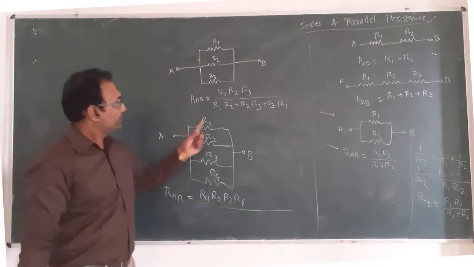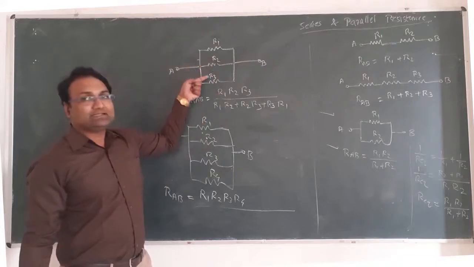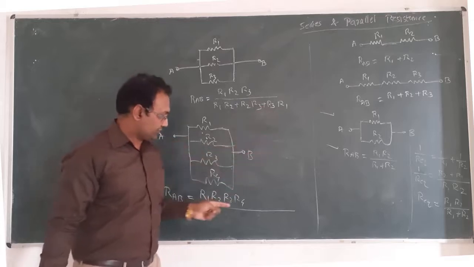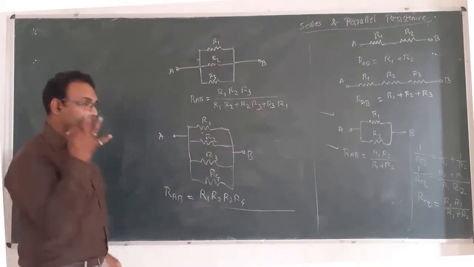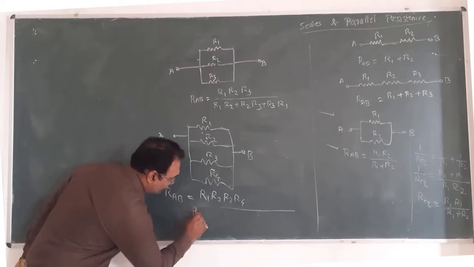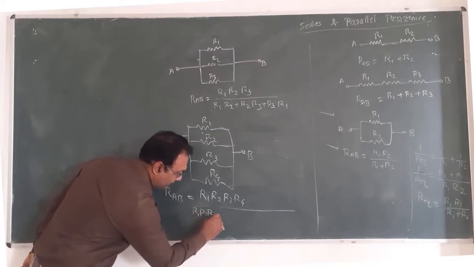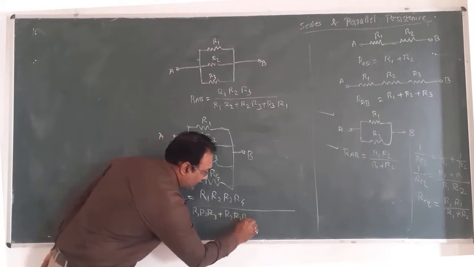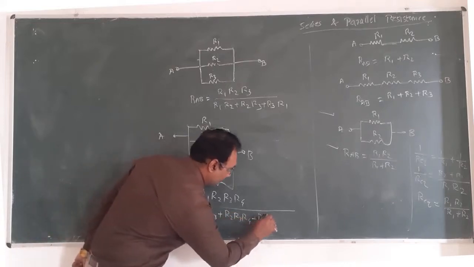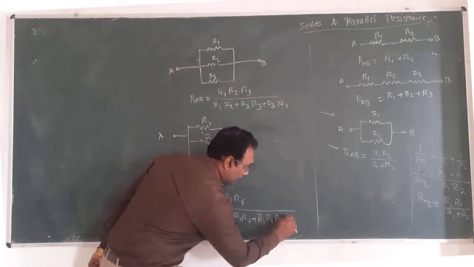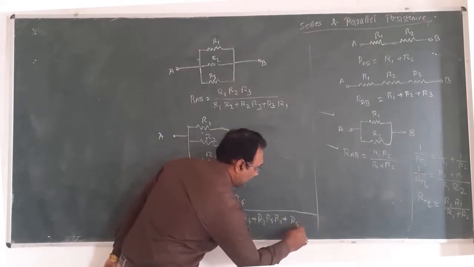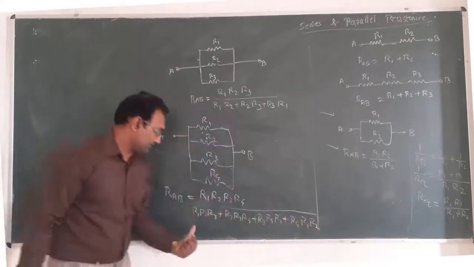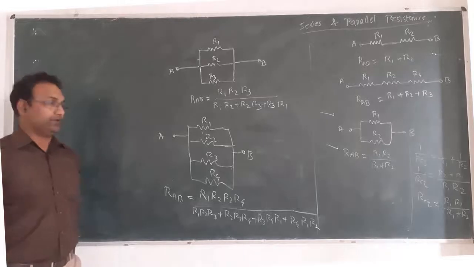Now when there were three resistances, there was a combination of 2 in the denominator. So here it will be a combination of 3, right? So it will be R1 R2 R3 plus R2 R3 R4 plus R3 R4 R1 plus R4 R1 R2. If you proceed further, it will come again as R1, R2 and R3, right?